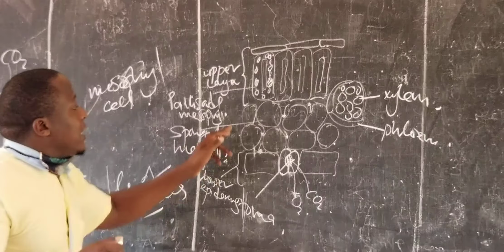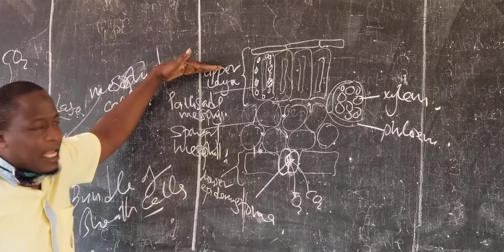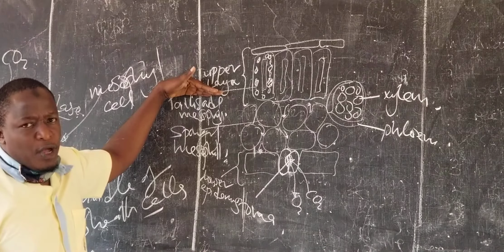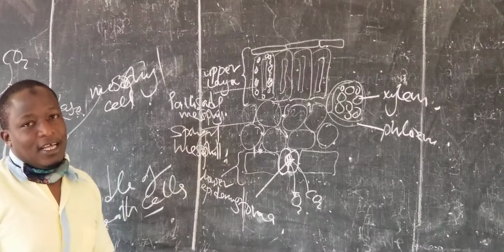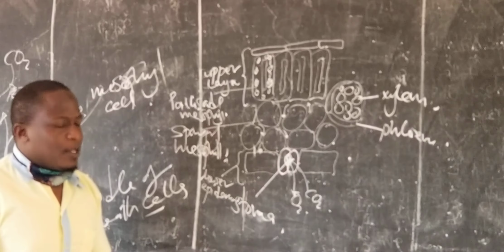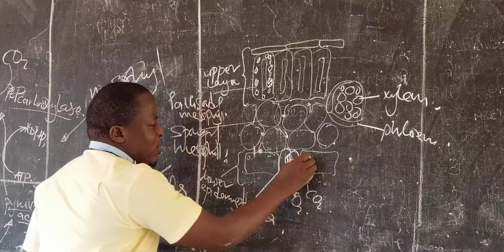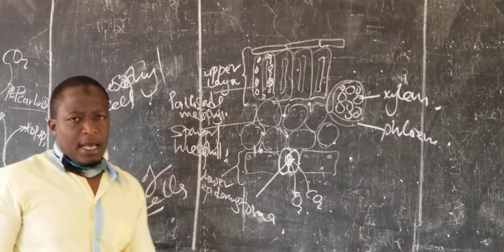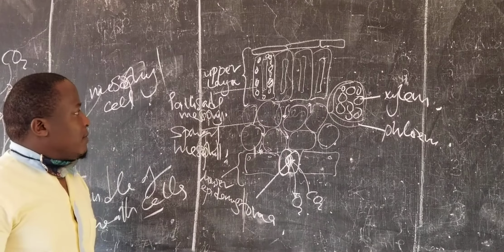That is an indicator that the palisade mesophyll layer situated under the upper epidermis has the highest chloroplast concentration. On the lower epidermis there is chlorophyll, we appreciate there are some chloroplasts, but very few, if any. The upper epidermis dominates.